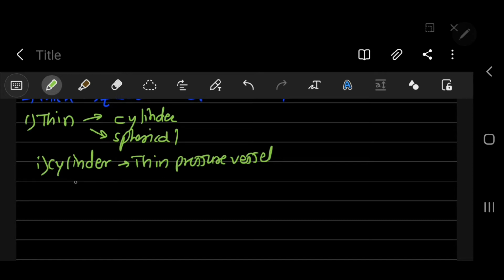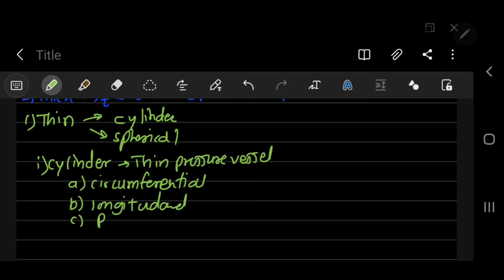The first one is the circumferential stress. The second one is the longitudinal stress, and the third one is the radial stress. The first one, that is circumferential stress, is also called hoop stress.